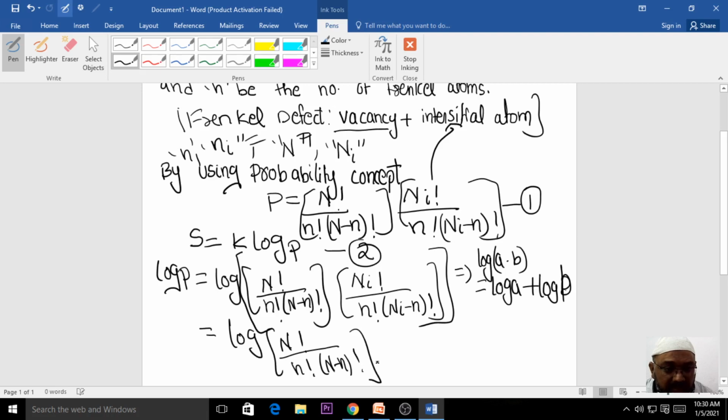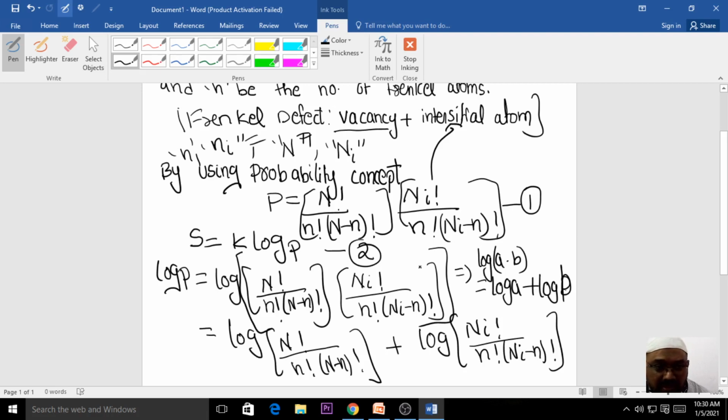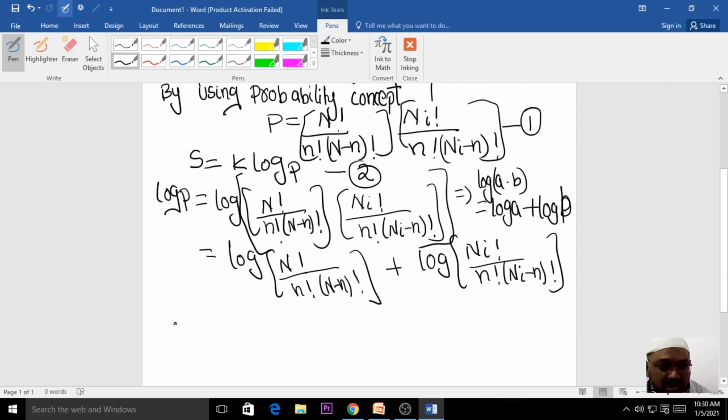Plus log of N_i! by n! into (N_i − n)!. Now this is the term that has been split, and individually we can just do it as we have done for the shortcut effect also.